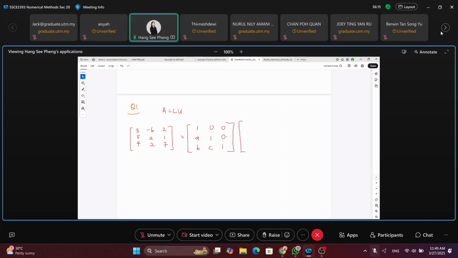Multiply with U. U is the upper triangular matrix, so you should have the numbers here. Let's say I just continue with D, E, F, or you can use P, Q, R, S, T, also no problem. Then make sure that these three numbers are 0, for a 3 by 3 matrix.